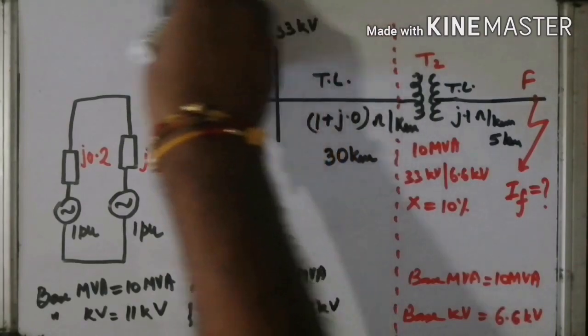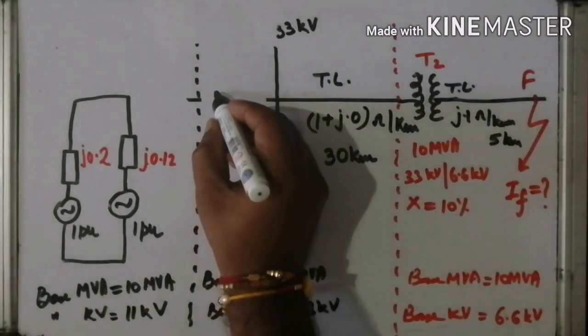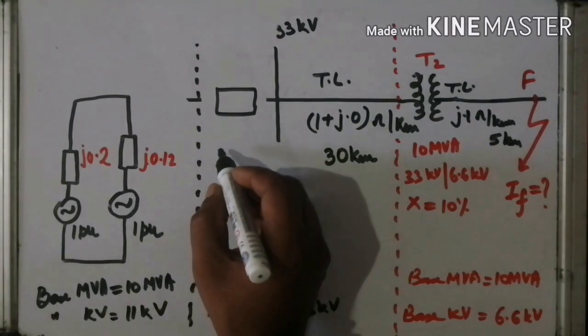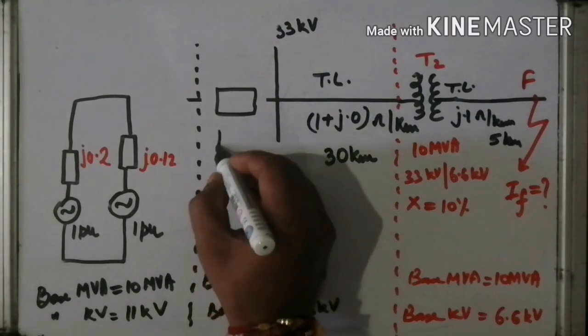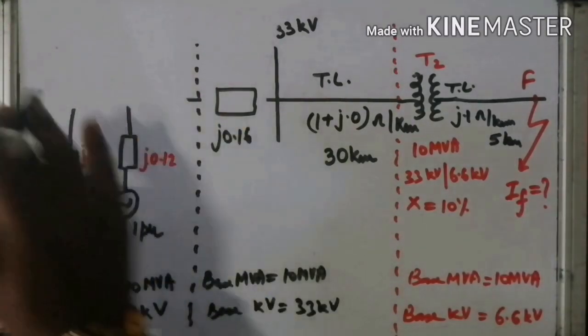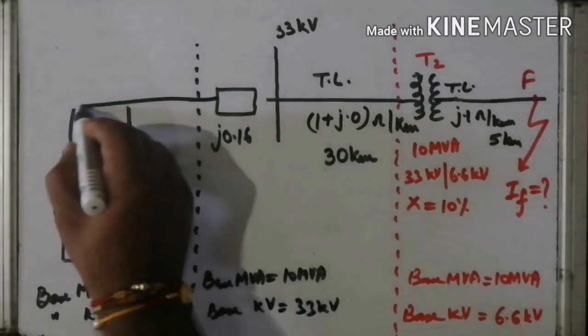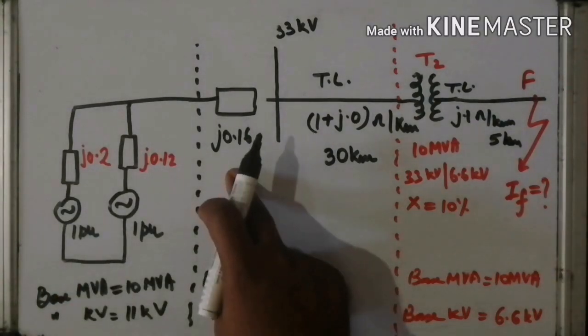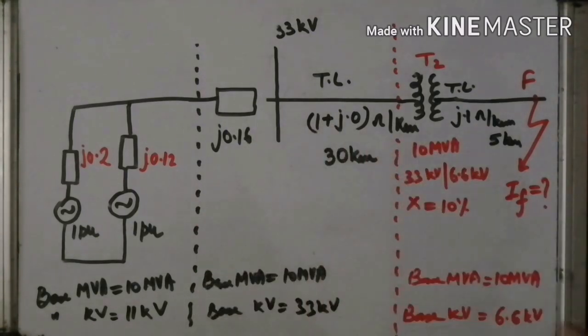So for this portion there is a reactance having the value of J0.16. Is it okay? These two transformers are operating in parallel. This one is for the transformer. Now for the TL.